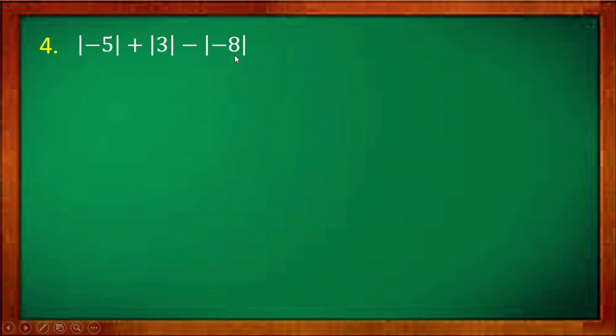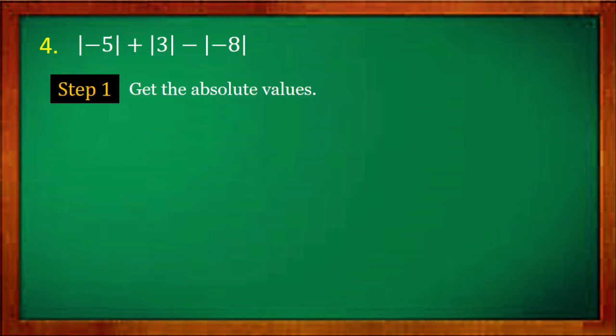Just like the process that we performed in example number 3, what we are going to do first is to get the absolute values of these numbers. So first, absolute value of negative 5 is just positive 5. Absolute value of positive 3 is also positive 3. And absolute value of negative 8 is positive 8.